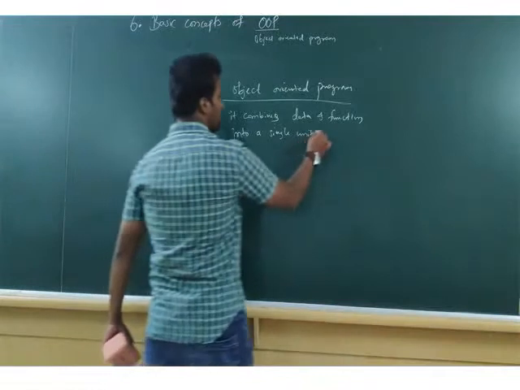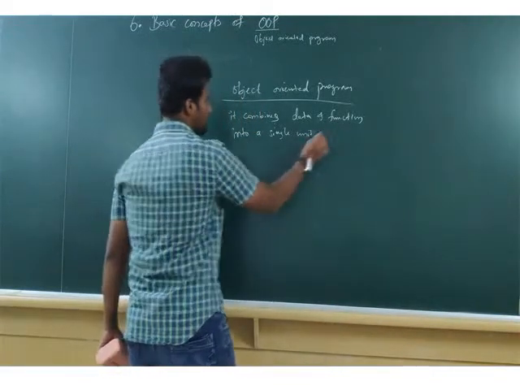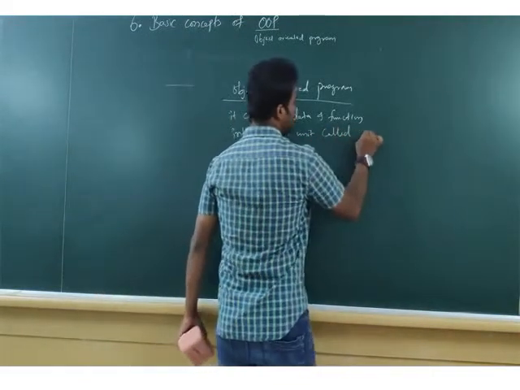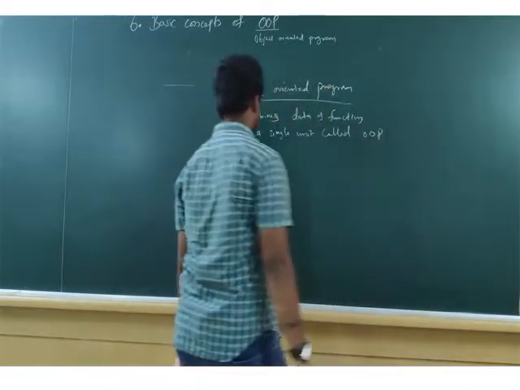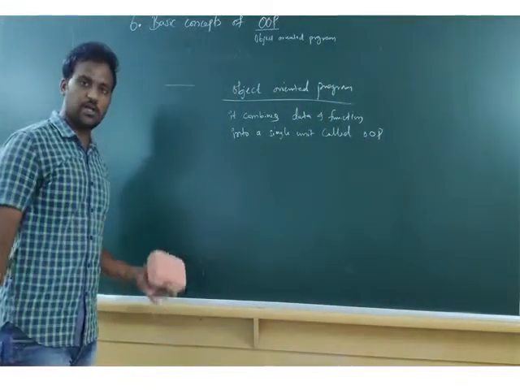What object oriented programming does is combine both data and function into a single unit, and it is called object oriented programming.